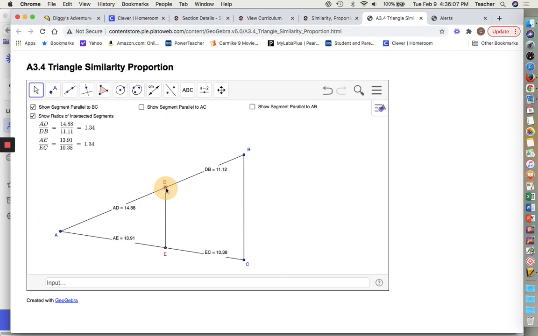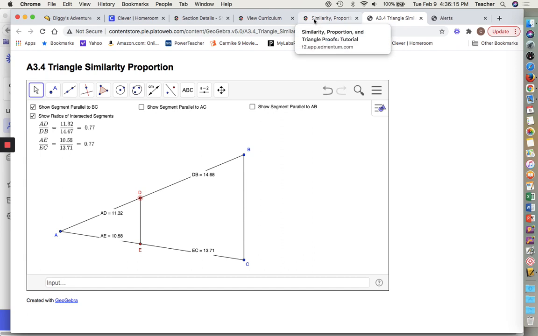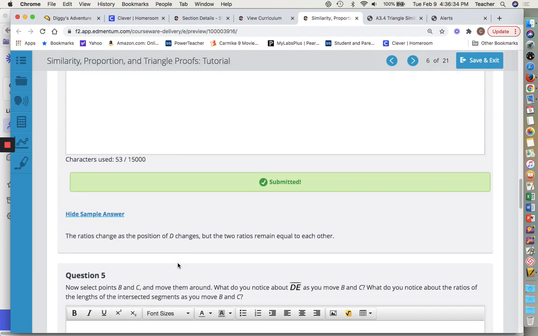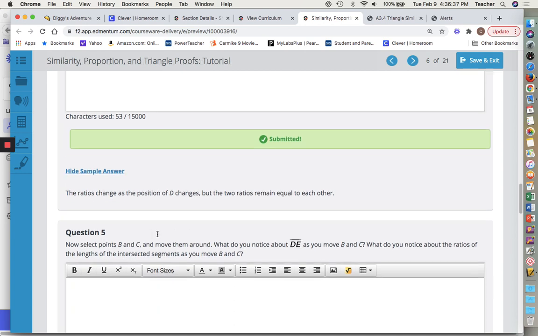If I move it way down here, they change, but they still stay equal to each other. So the ratios remain the same no matter where D is moved. Okay, the ratios remain equal. Awesome, that's what I got.